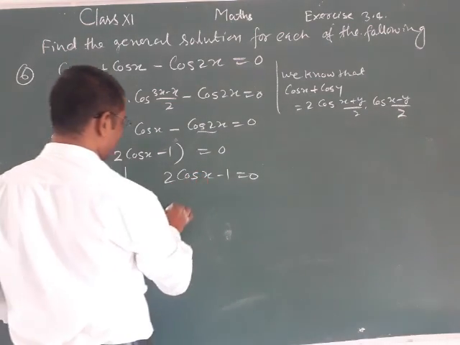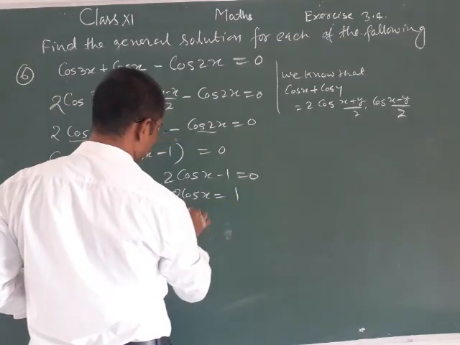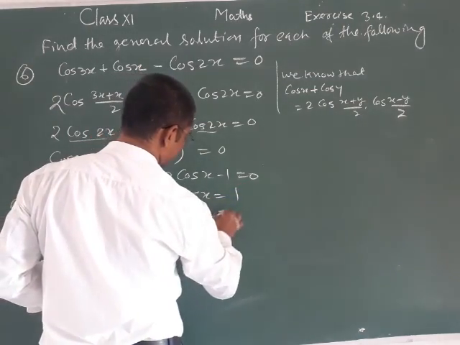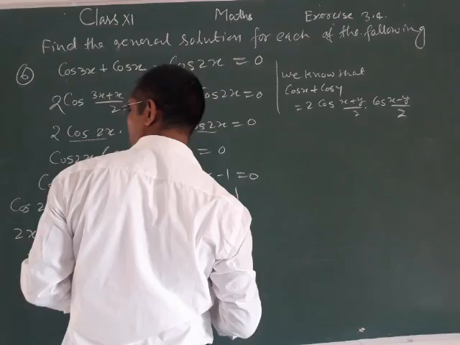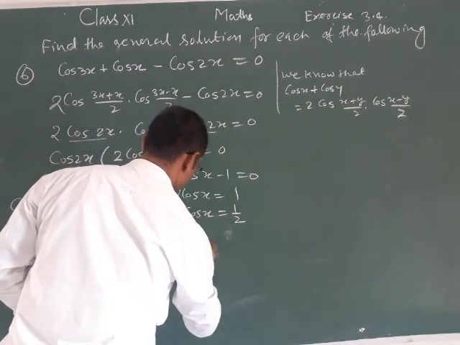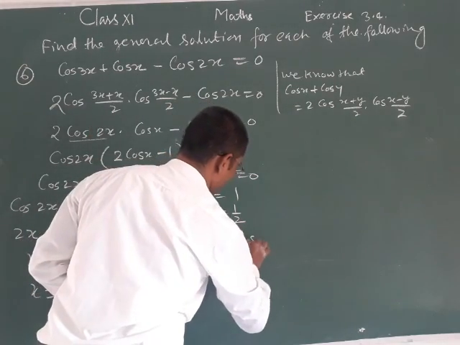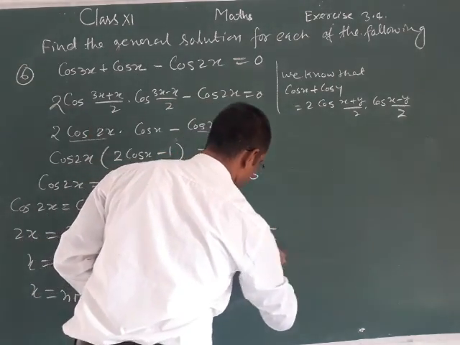And also 2 cos x is equal to 1, cos x is equal to 1 by 2, so cos x is equal to cos pi by 3.